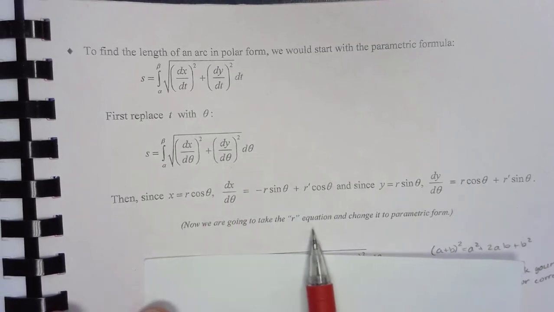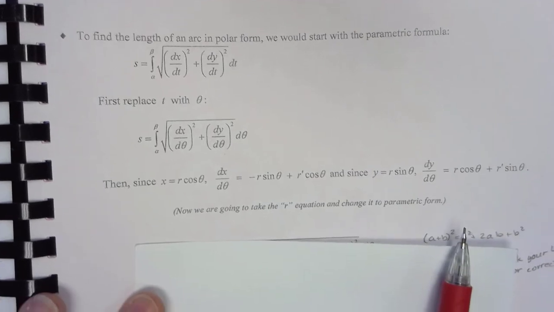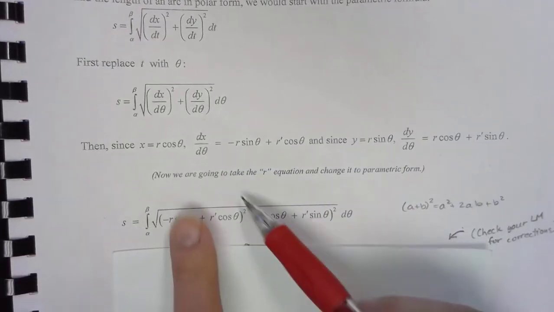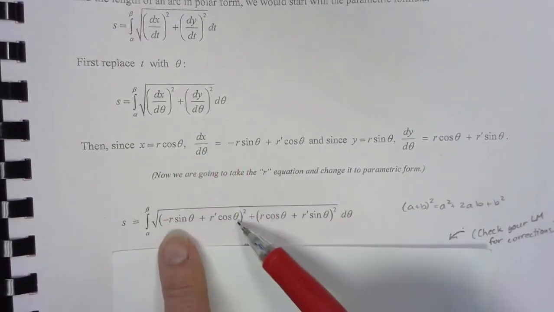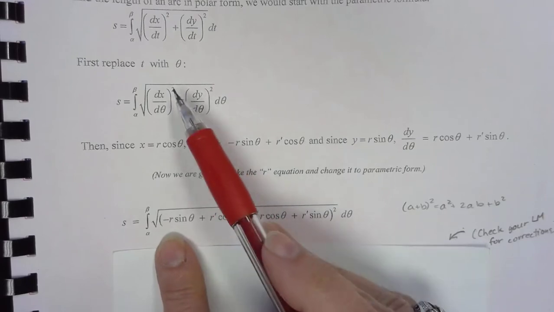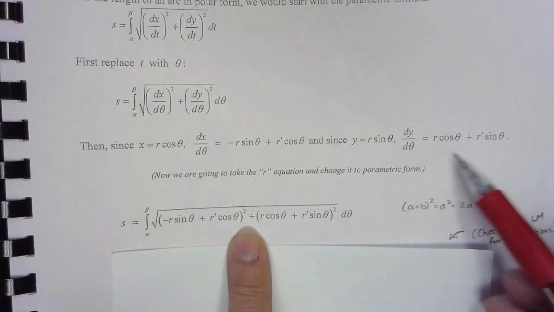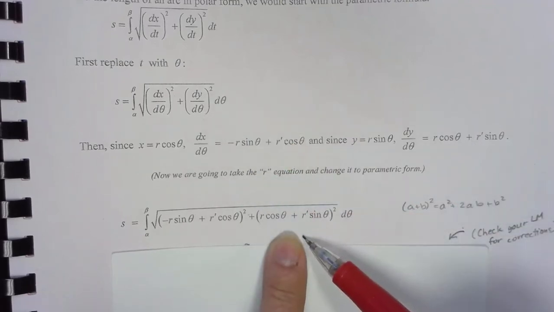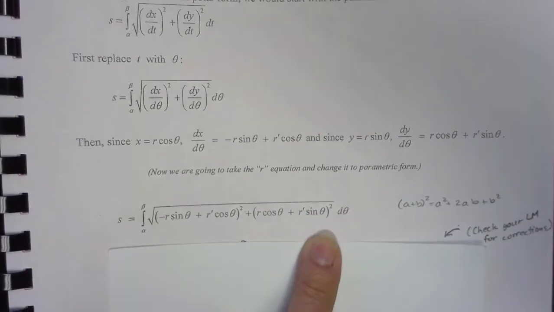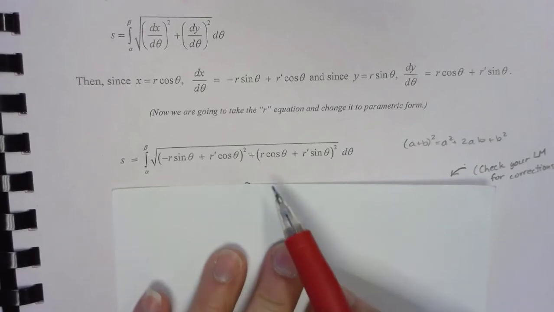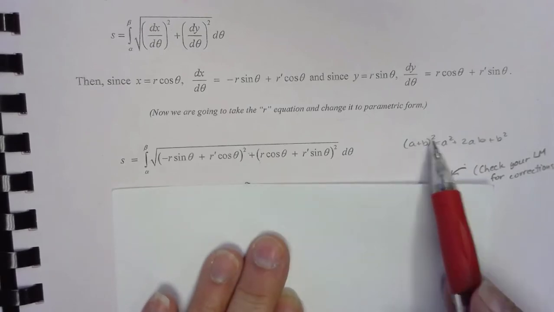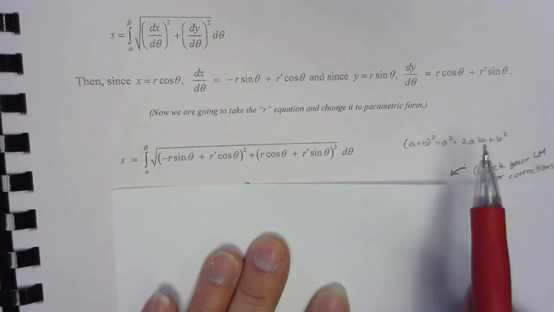We are going to take the r equation and change it to parametric form. Here is dx d theta squared plus, here is dy d theta squared. Now we know our algebra, a plus b, the quantity squared, is a squared plus 2ab plus b squared.